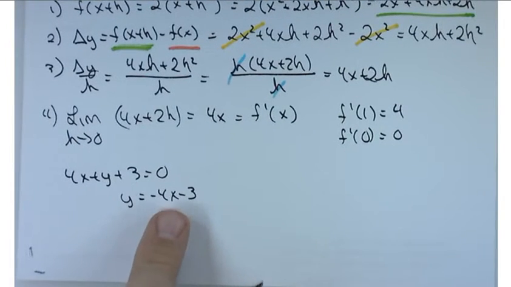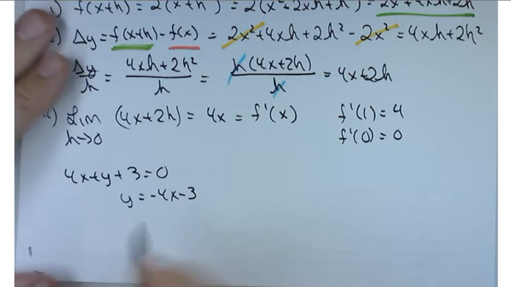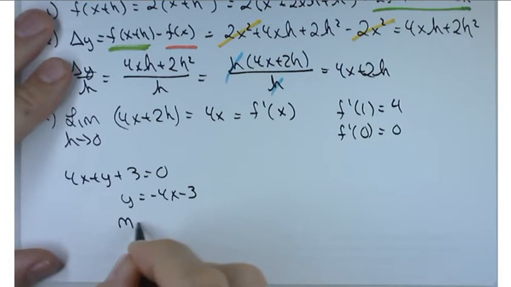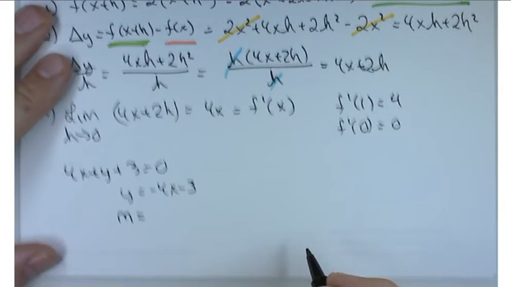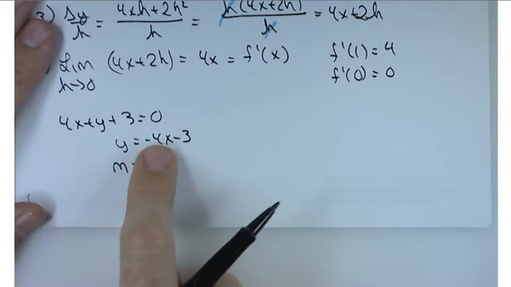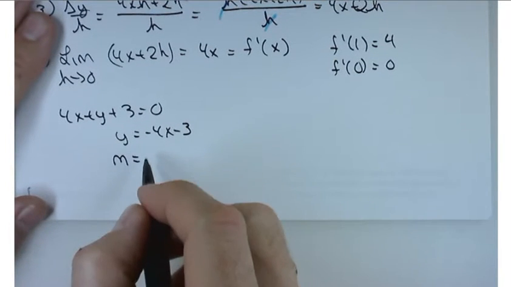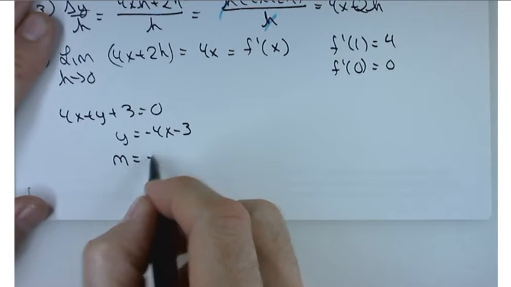But let me help you out this way. Let me move everything to the right-hand side except the y value. Now, why would I do that? Dylan, why would I move everything to the right-hand side? What information can I get now from this function? What's the slope? -4.